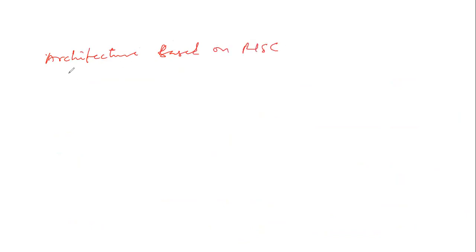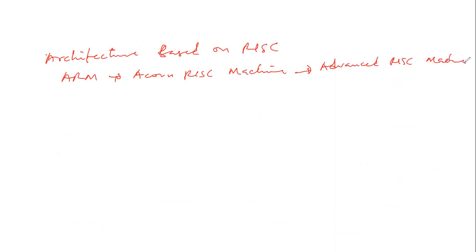We have the ARM, which is Acorn RISC Machine, or some call it Advanced RISC Machine. Though they are very weak, they are low power processors for smartphones and all of that.